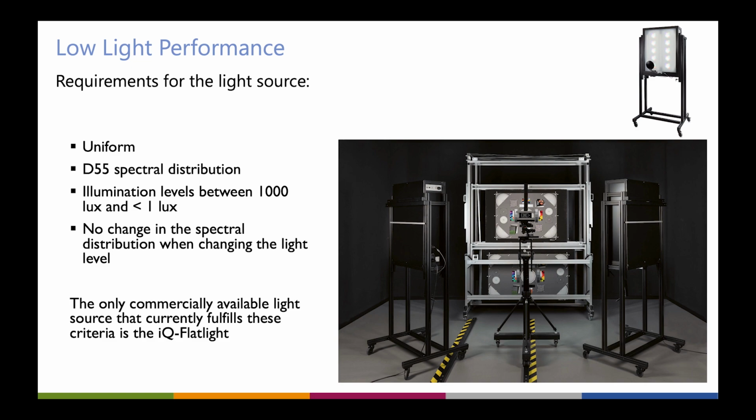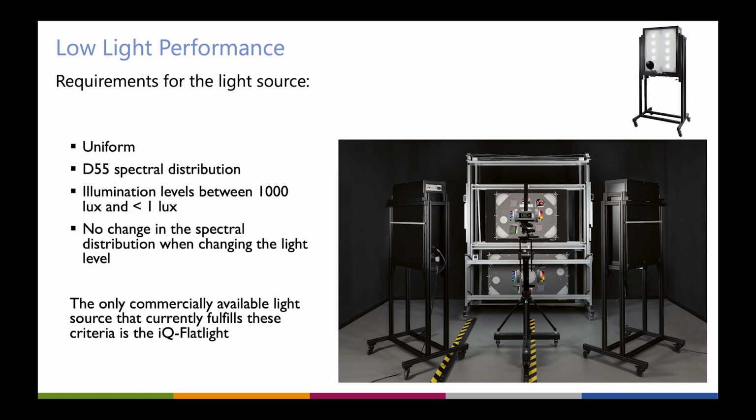So if you take a daylight light source and dim it, you will actually change the spectral distribution of your light source, and that can be a significant measurement error. So that's why you need a light source that has the same spectrum over different intensities. And that is the IQ flat light.